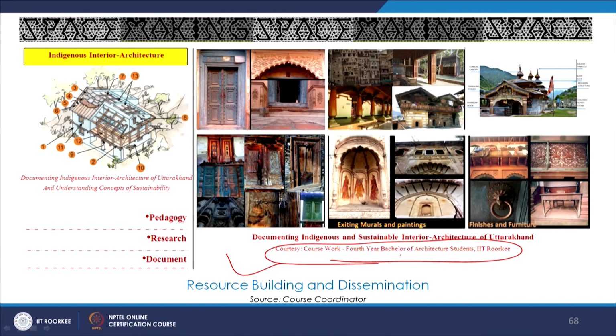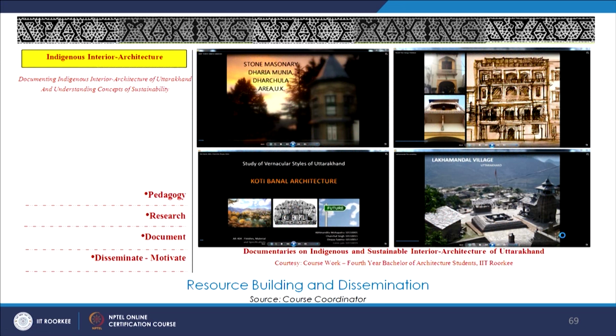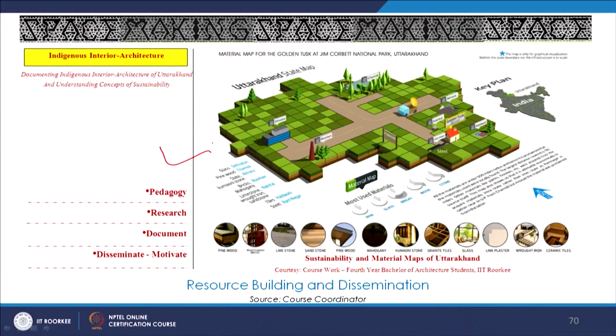And some work is done in the studio with the students, their contribution, how they document and create this data. These were the documentaries made by 4th year students, and they have done some very nice work talking about the material culture, craft and interior architecture styles of Uttarakhand, and also creating very interesting material maps.